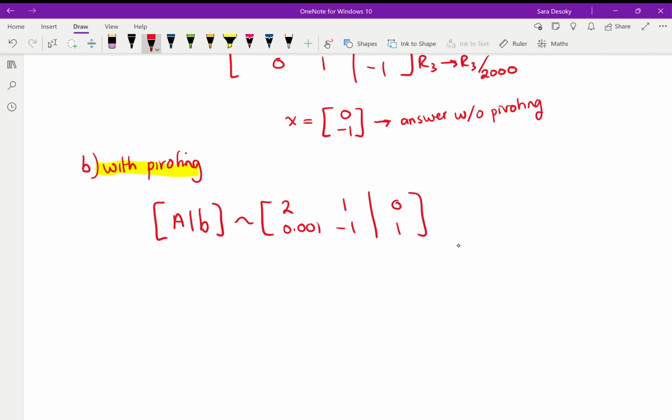Next step, we just do the row operation, and you get 2, 0, 1, minus 1, 1, 0. The row operation is row 2 gets row 2 minus 1 over 2,000 row 1.